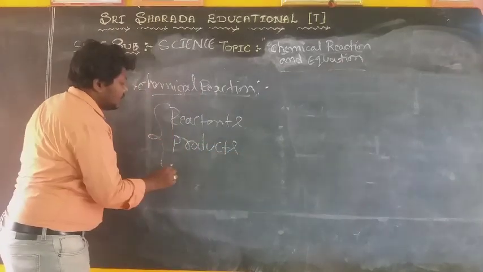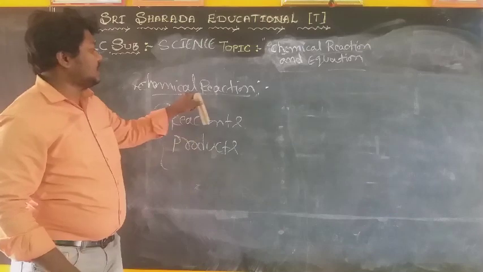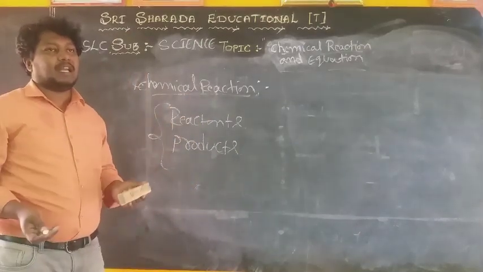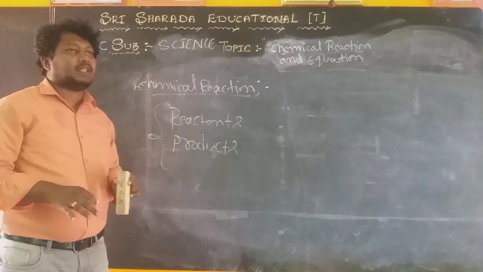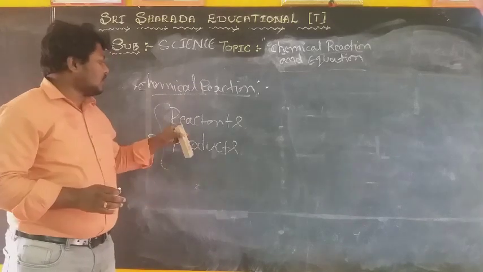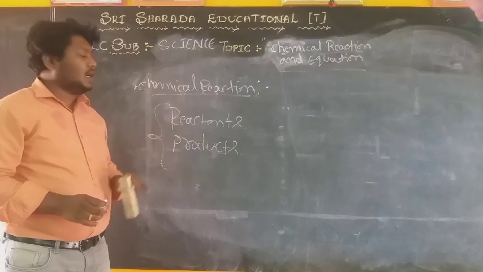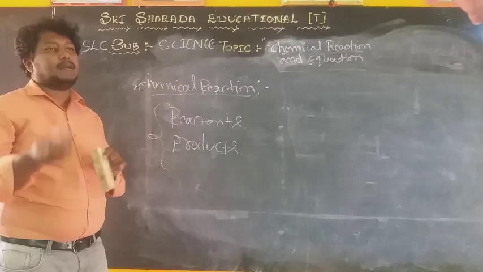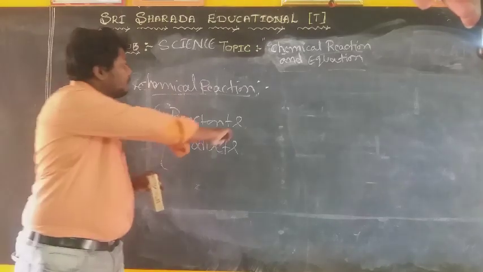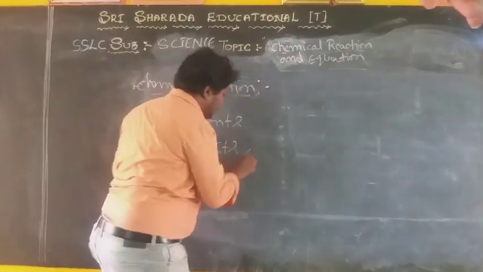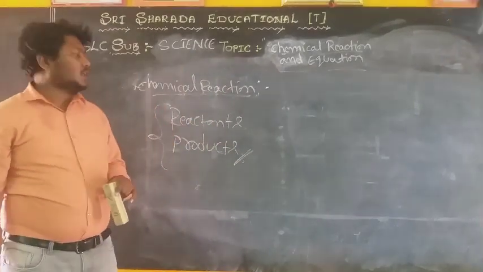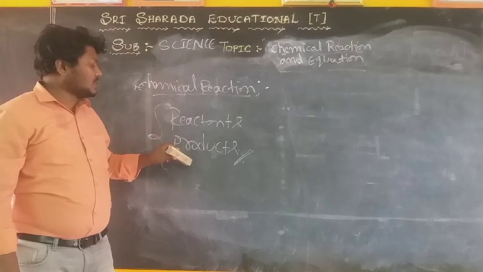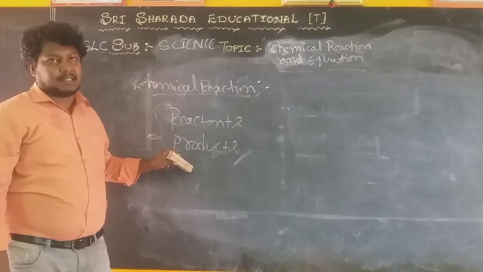These are the two participants we see in chemical reactions. Reactants are the elements which take part in the chemical reaction, and products are the newly formed substances obtained from the chemical reaction. The products are obtained from the reactants.